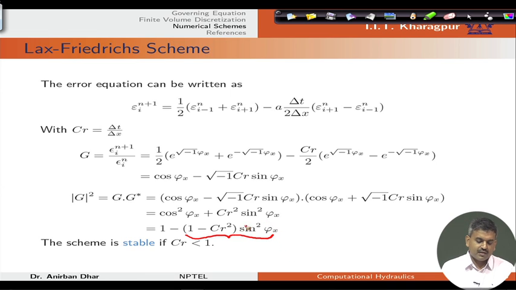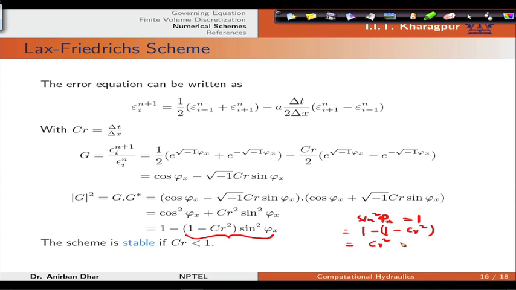In the extreme case, if we consider sin square phi x equal to 1, this is the extreme case, this comes as 1 minus CR square plus CR square, so obviously CR should be less than 1 for a stable scheme.